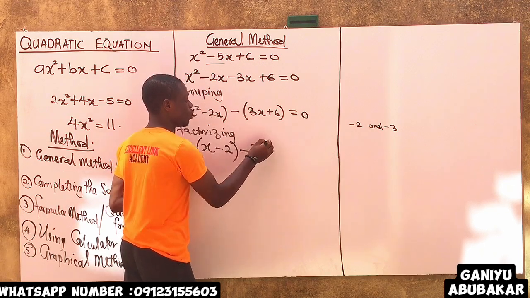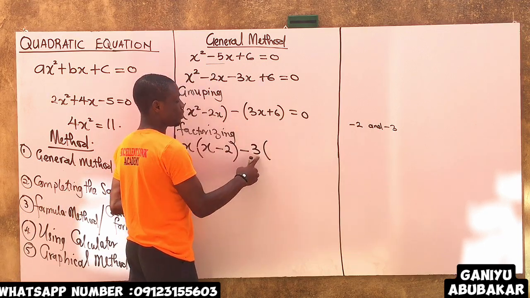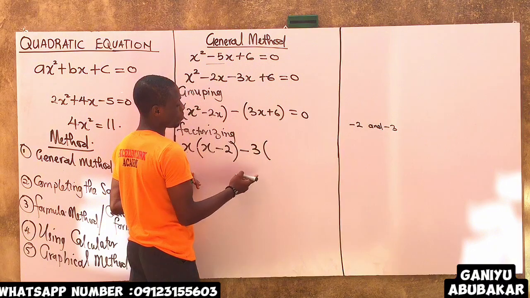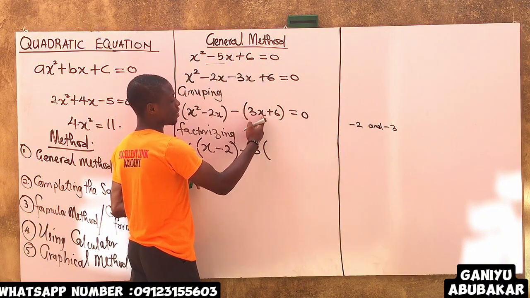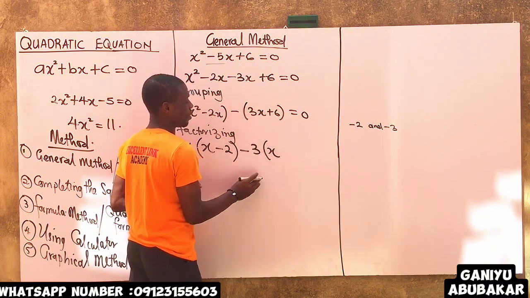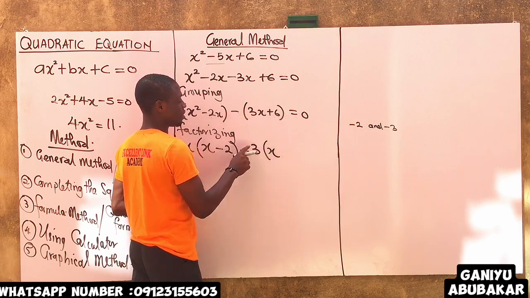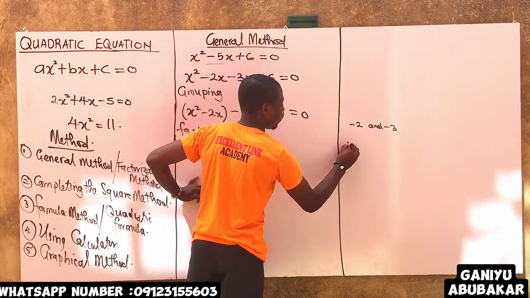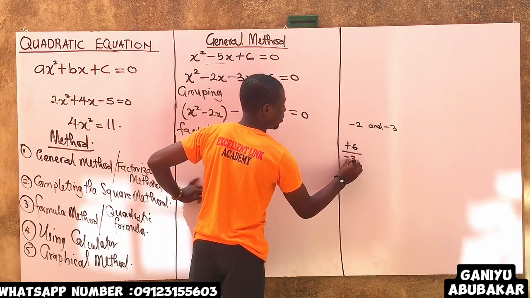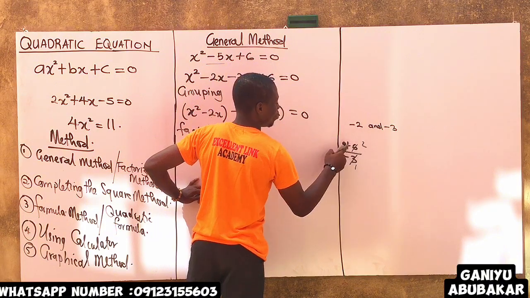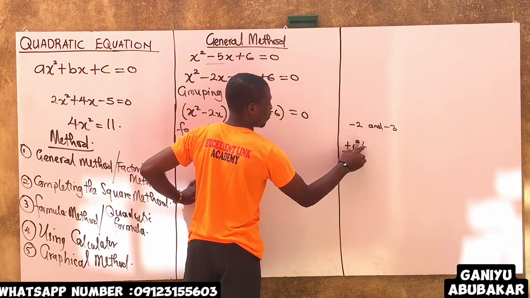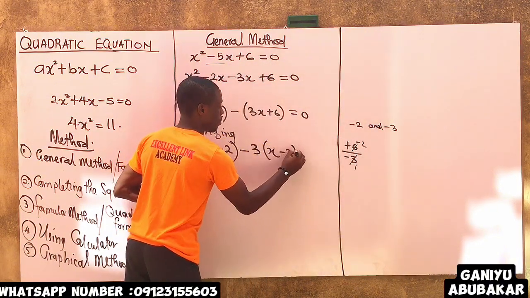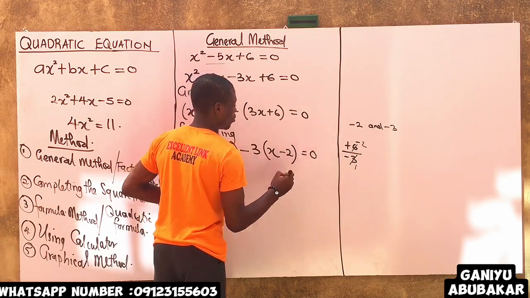Bring out minus 3: minus 3x divided by minus 3 gives x, and plus 6 divided by minus 3 gives minus 2. So I have minus 3 times (x minus 2), equal to 0.